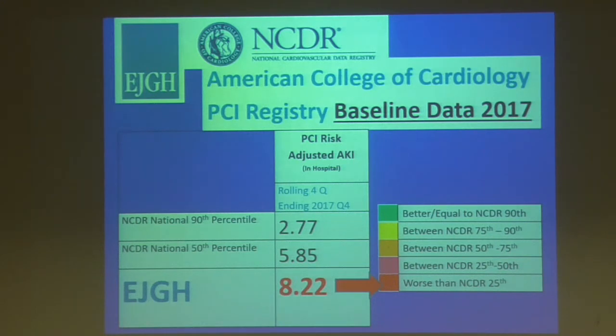Another benefit to participating in the National Registry is the opportunity to attend the National Quality Summit for the American College of Cardiology. And their organizations share success stories and strategies they've used to improve patient outcomes.